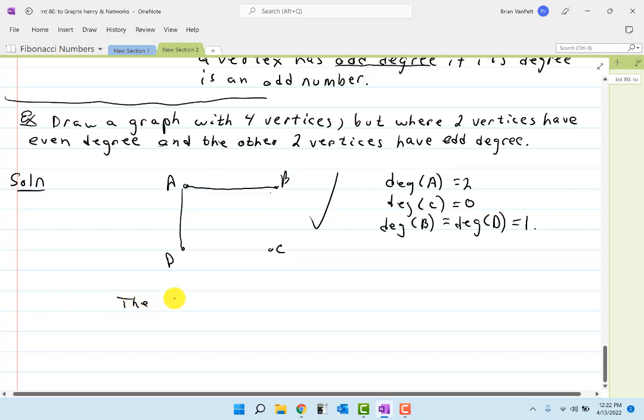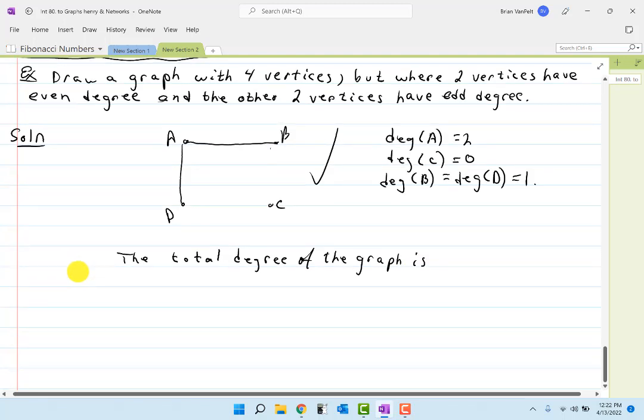The total degree of the graph is, all you do is add up the degrees of each of the vertices, really. 2 plus 0 plus 1 plus 1. That is in order A, C, B, and D. So this adds up to a total degree of 4.